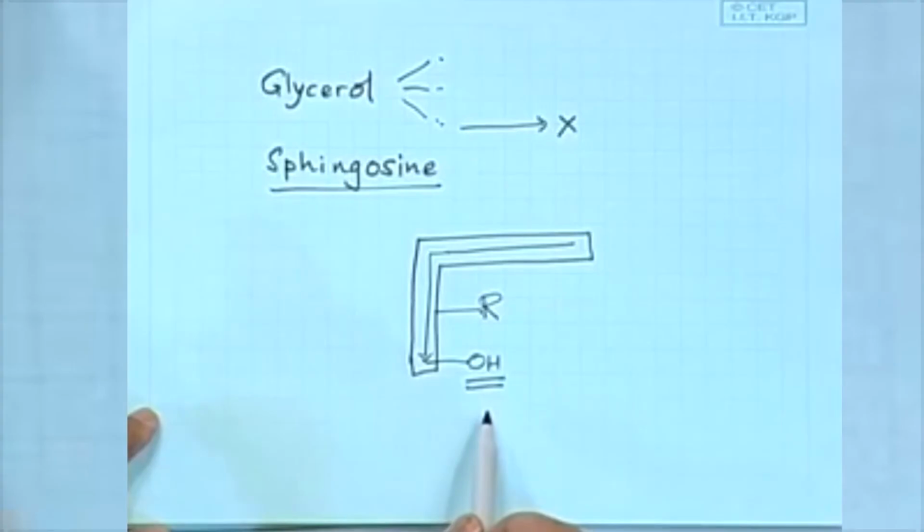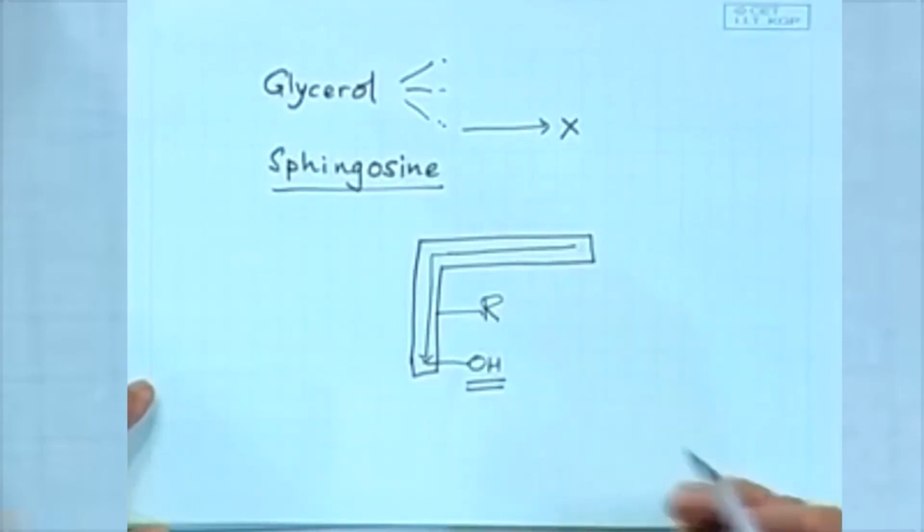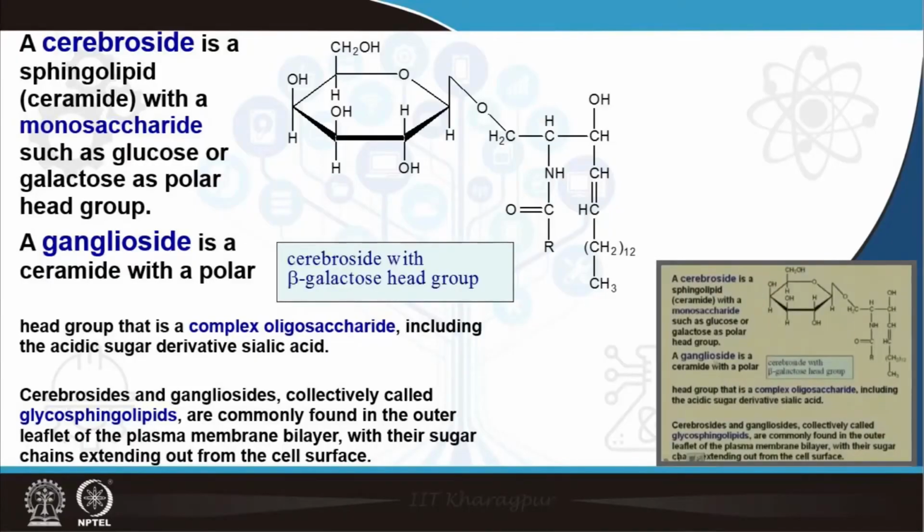It can be linked to a sugar to form a cerebroside. It can be linked to a phosphocholine forming a sphingomyelin. Okay, so that is the basic structure of all this. So, we can have a cerebroside if you have just a simple sugar, or you can have a ganglioside when you have a complex oligosaccharide attached to it.